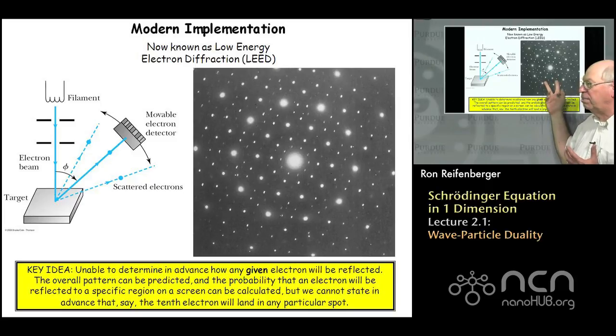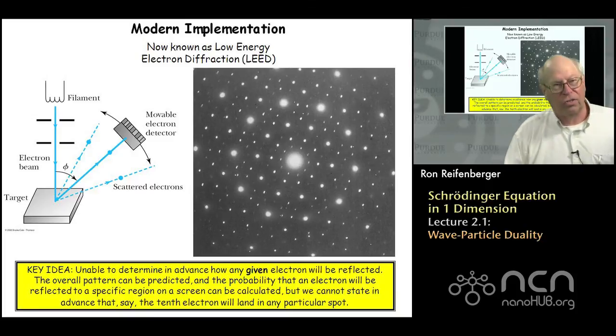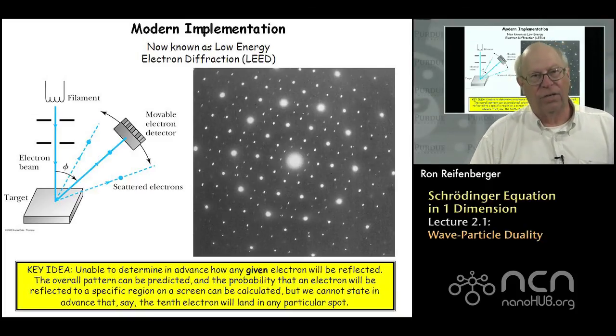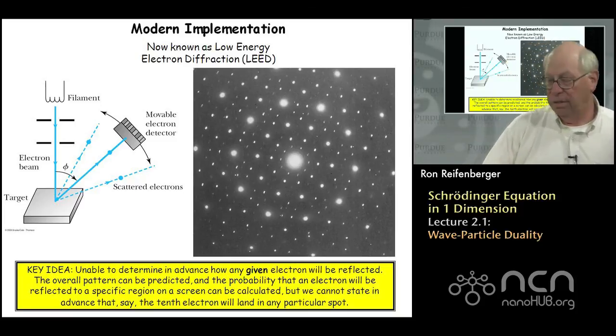The order in these spots reflects the crystalline symmetry of the atoms that the electrons are reflecting from. And the only way you can explain this result is that the electrons are interacting with the crystalline substrate as if the electrons behave as waves.